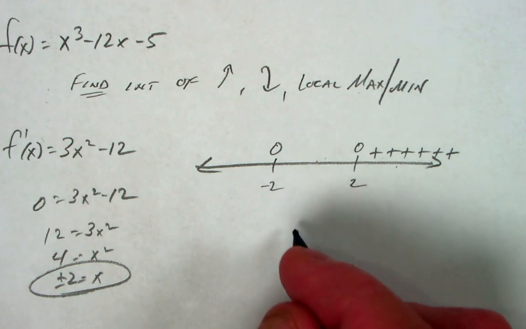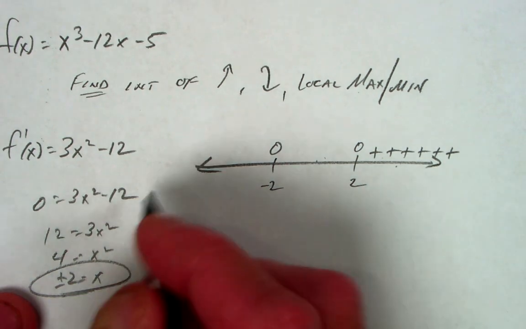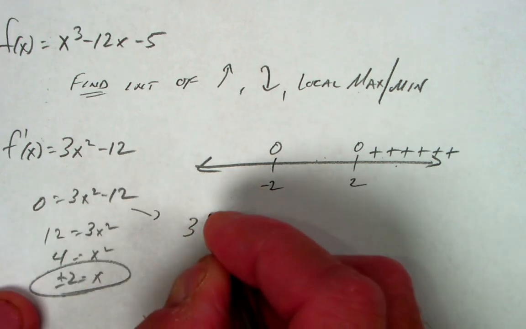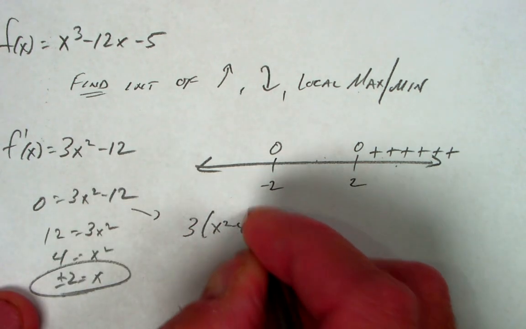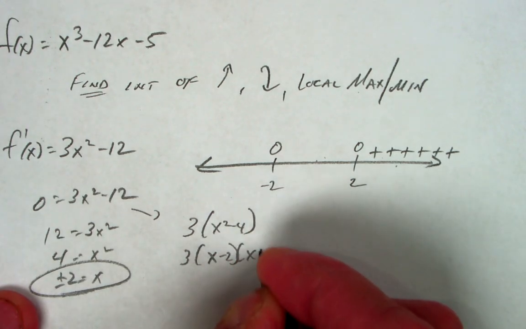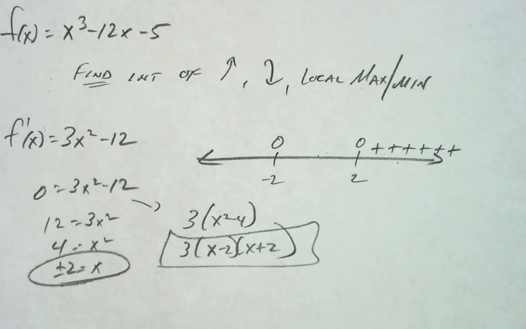There's a reason why. If I go back here, 3x squared minus 4, 3x minus 2x plus 2. I don't know how much we've talked about this; we'll have it in another class.